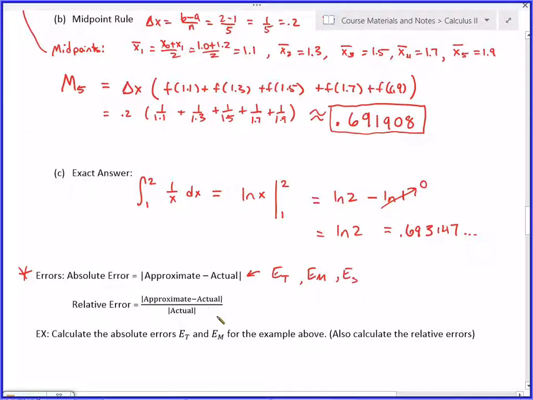You can also calculate what's called relative error, but for now, let's just talk about absolute error. So we can compare absolutely which one was closer, trapezoid rule or midpoint rule. When I say E sub T, I mean the absolute error for the trapezoid rule.